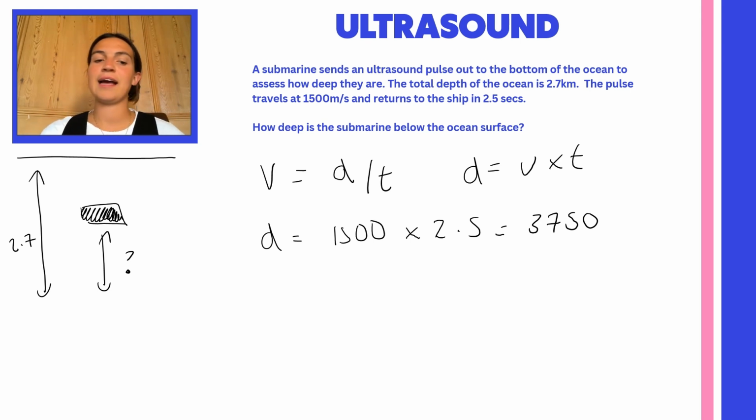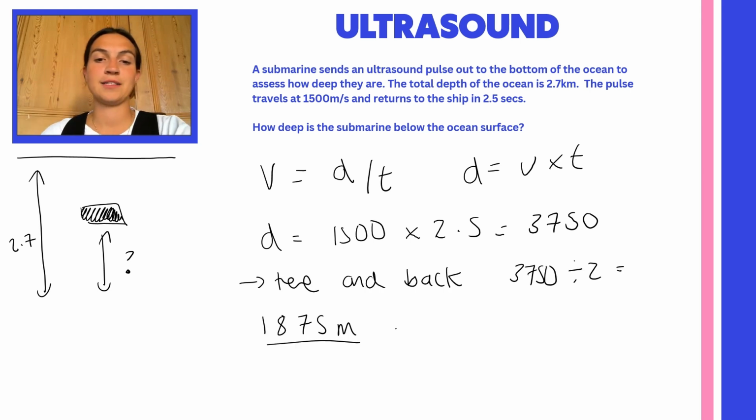However, that is to go all the way there and all the way back to my submarine. So actually the distance between my submarine and the bottom of the ocean should be half of that, 1,875 meters, which is 1.875 kilometers.